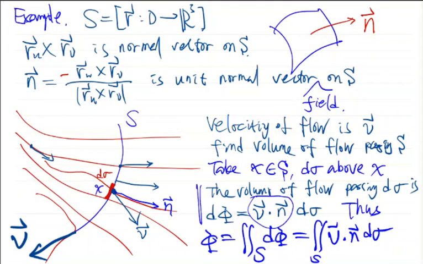You take the inner product of the velocity and the unit normal vector. Equivalently, you take the normal component of the velocity. V is vector valued, but its normal component is real valued. So this real valued function integrated over the surface gives you the total volume of flow passing the surface in unit time.